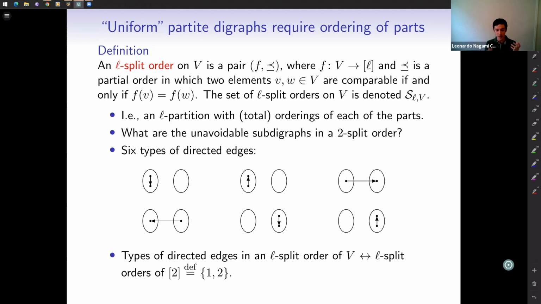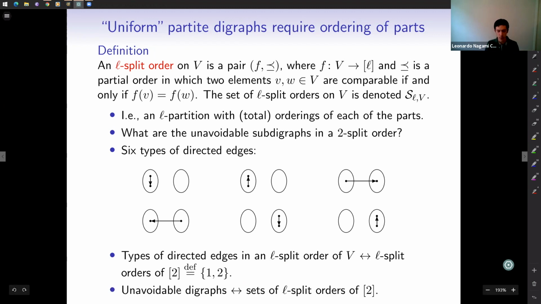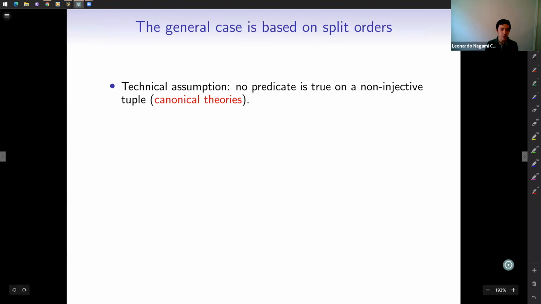So this is essentially encoded by an L-split order, but now of this set {1, 2}. And as before, the unavoidable directed graphs are going to correspond to sets of these types of edges, sets of L-split orders of 2. Okay. Now, with this definition, I can finally talk about the general case.